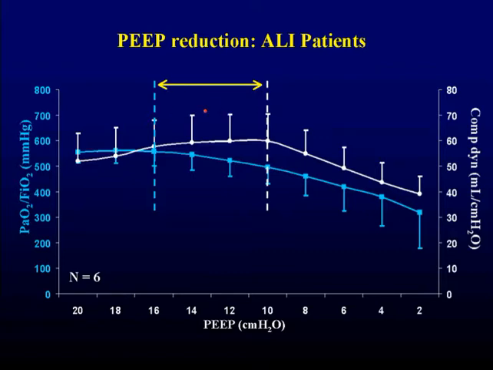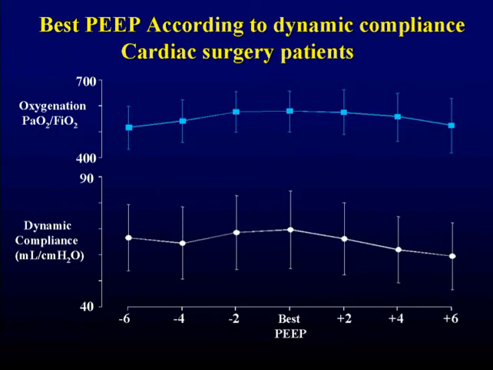Between the collapse point defined by oxygenation and the collapse point defined by dynamic compliance, we may be able to find a margin of safety for the application of a PEEP value that prevents this ongoing collapse process. When analyzing this data differently, we made the same type of analysis that Sutter made in his paper, and we identified the best PEEP according to the best compliance.